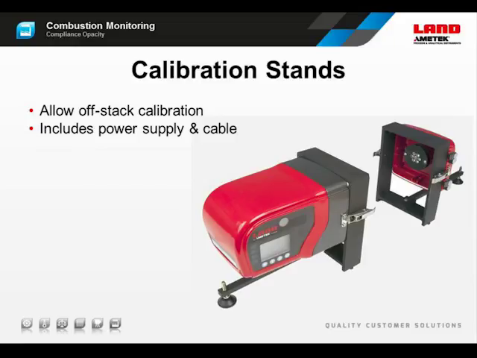And one thing I haven't emphasized today is that in the US, the usual reporting parameter is percent opacity. It's the optical characteristic of the stack gas. In Europe and in much of the rest of the world, the environmental rules are written in terms of milligrams per cubic meter, the actual mass of dust measured, the mass of dust emitted.